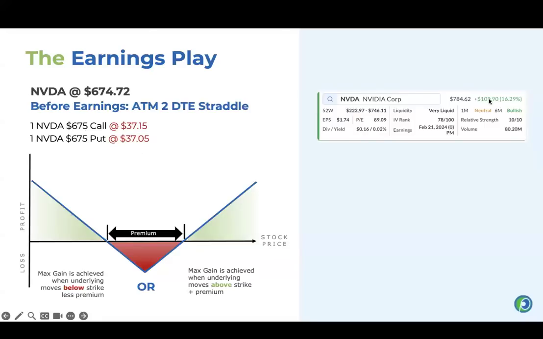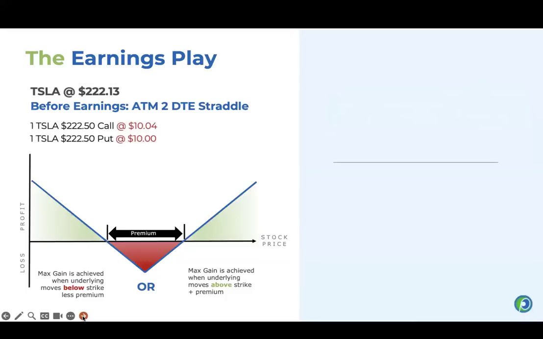It's Nvidia, doesn't surprise me, but that gives you an insight into the implied move post earnings and how this would not have been profitable. But it did tell us a move that we could expect. In this case, it was about $80, and it did move way more than that. So there's another example. I had it there, an 11% move, and it moved 16% in this case.